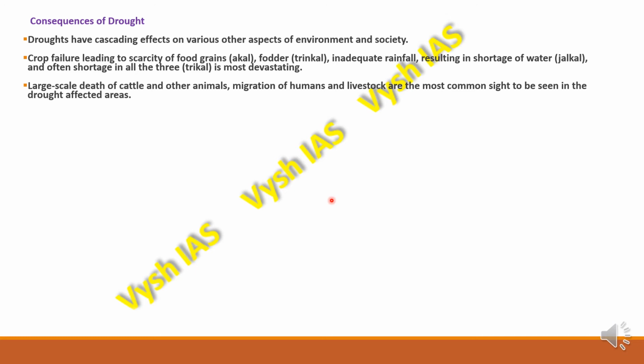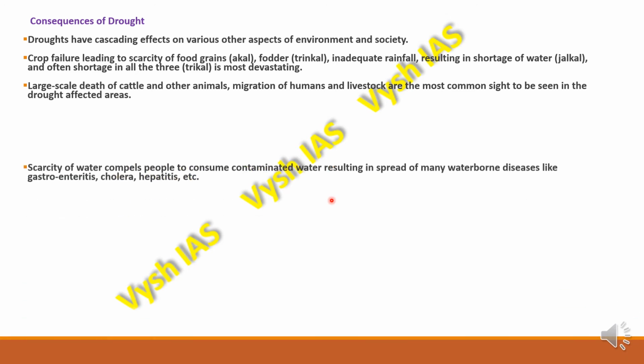Often shortage in all three is called thrikal. This is the most devastating situation, and large scale death of cattle and other animals, and migration of humans and livestock are the most common sights in drought affected areas.